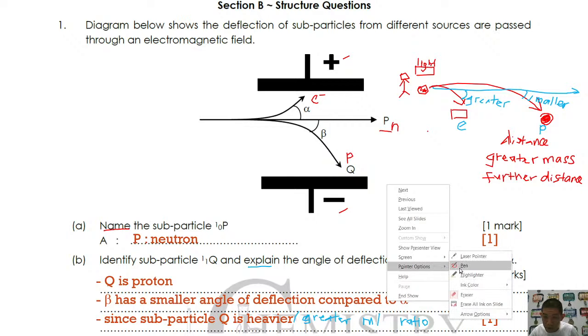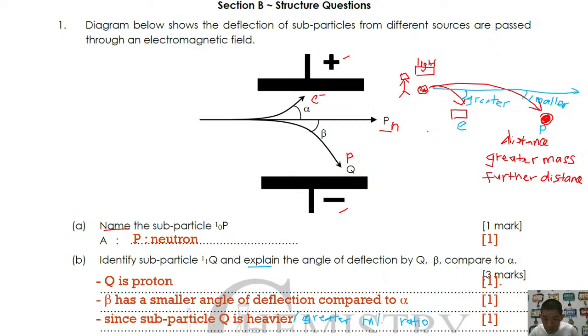Mass over charge ratio. Okay, so either you say Q is heavier or you say it has a greater mass over charge ratio. So that will be the 1 mark inside here. With that, that is for question number 1A and 1B.